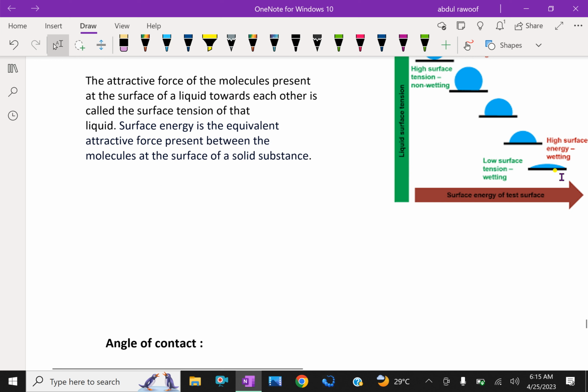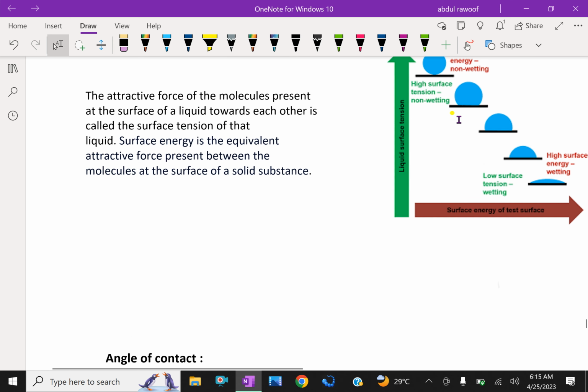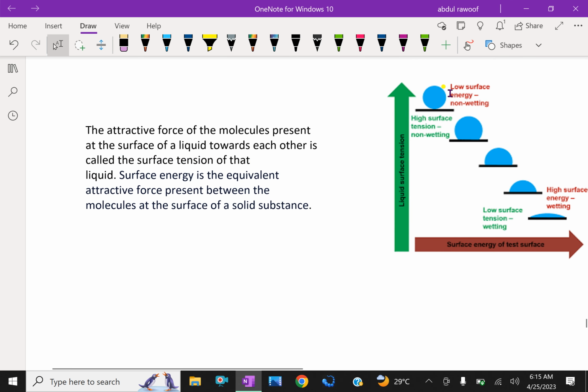Here, higher surface energy and higher surface tension, wetting conditions. These are low surface energy, non-wetting, but high surface tension, so it is varying.